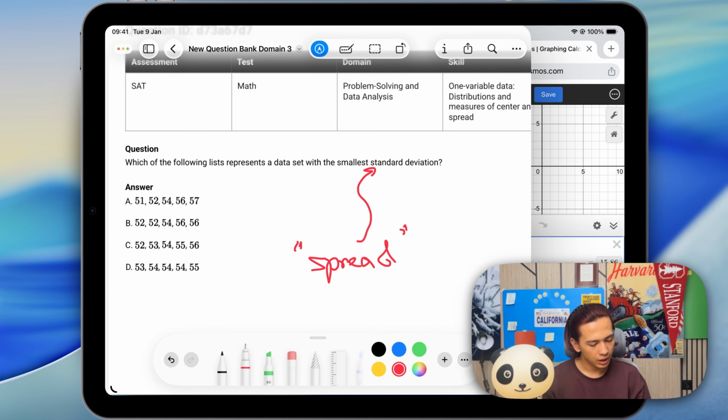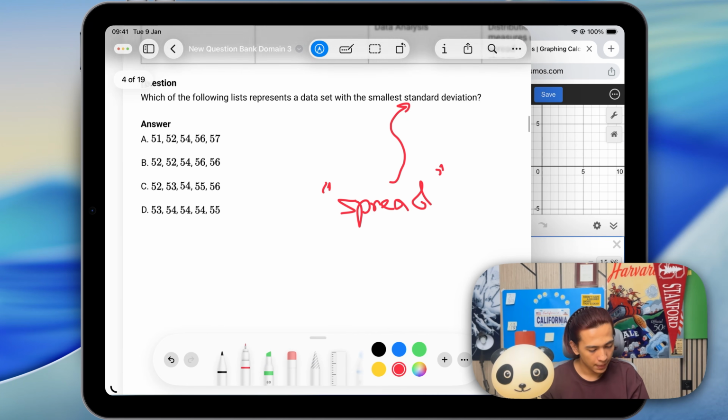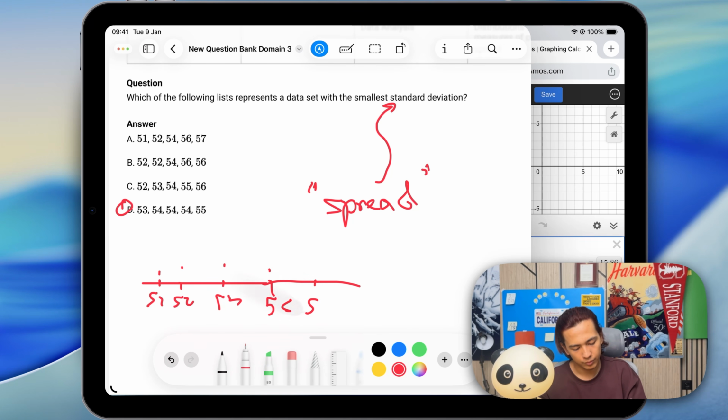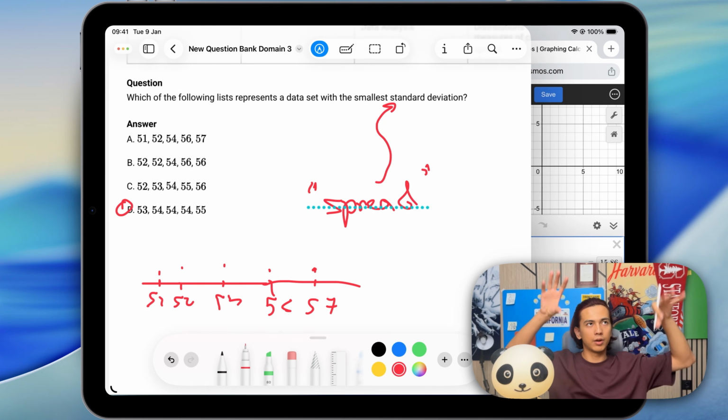If you look at all of the options, it's option D. I'd like to make a dot plot for that in my imagination: 51, 52, 54, 56, and 57. I have 52, 52, 56, 56, and 54, so two points, one point there.